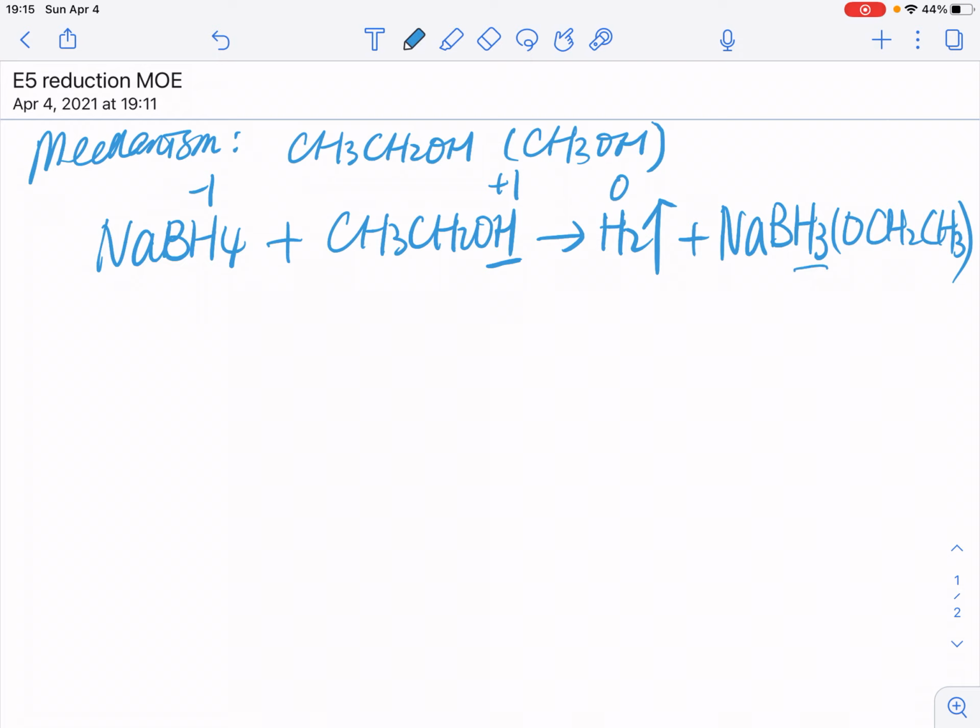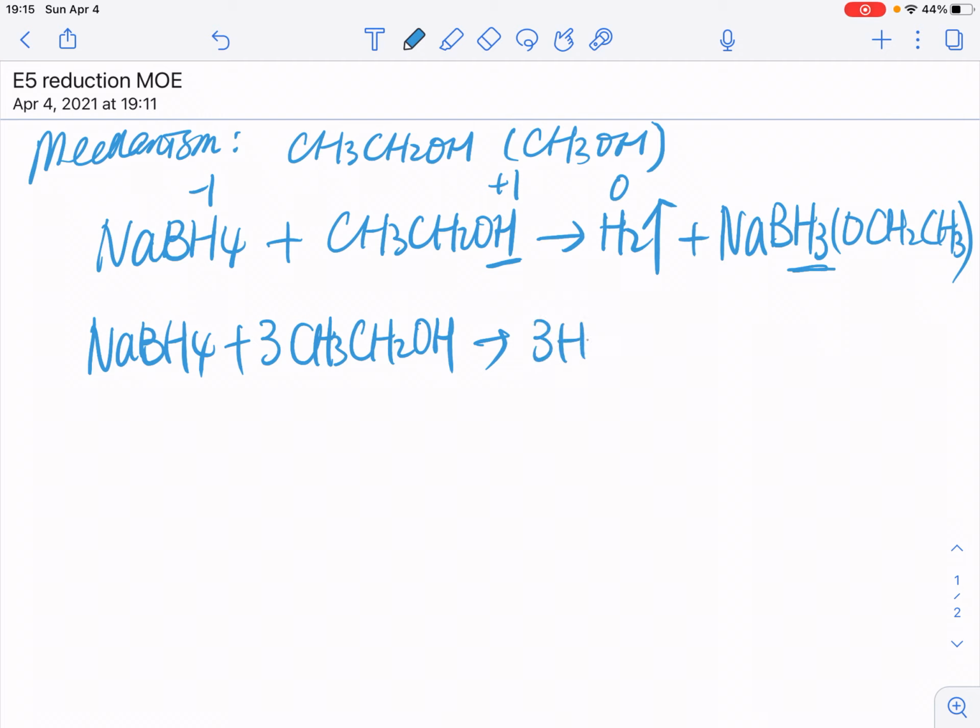As a matter of fact, the hydrides are going to be replaced by the ethoxy group, which leads you to produce, let's write it out, 3 hydrides are going to be replaced by OCH2CH3, and give you the byproduct.